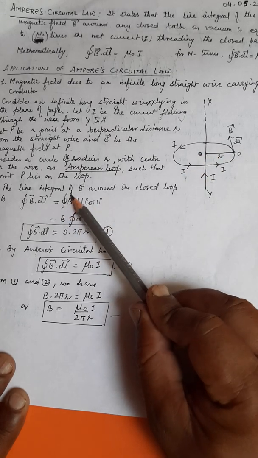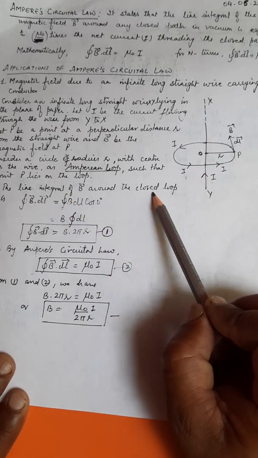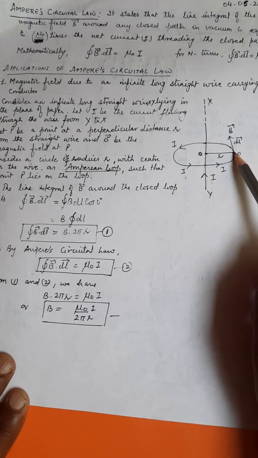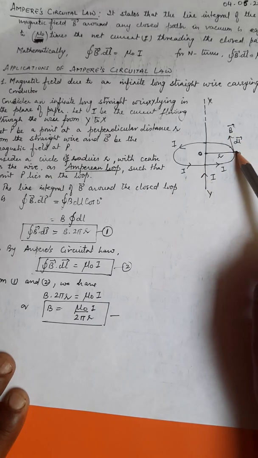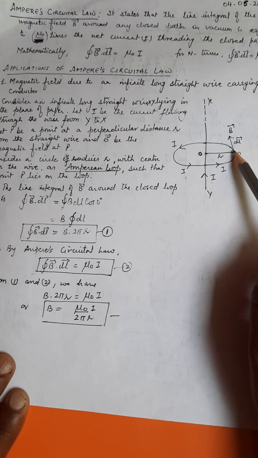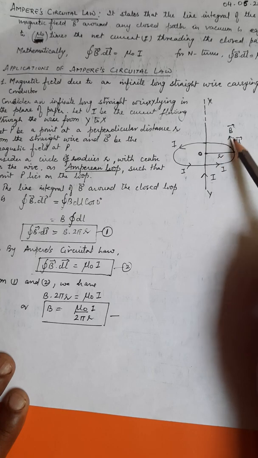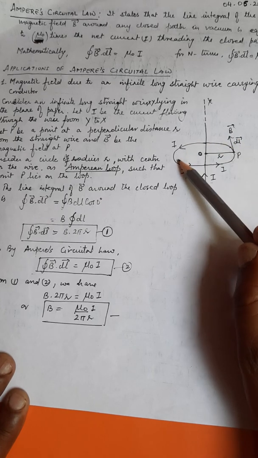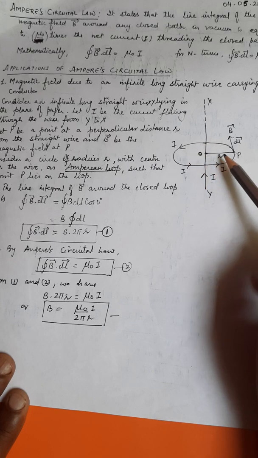Now the line integral of B around the closed loop, B being the magnetic field at point P.